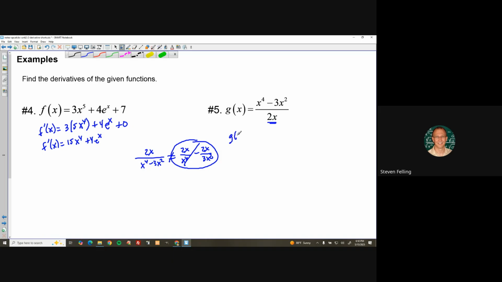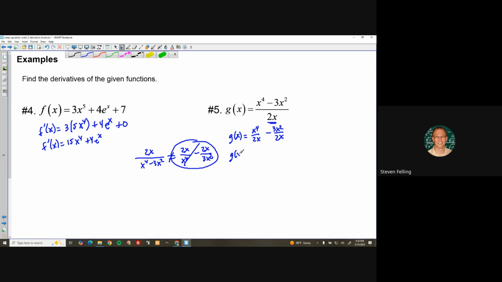So I'm going to label this g of x just to indicate I'm still just rearranging this or simplifying it. I'm going to write that as x to the fourth over the common denominator 2x minus 3x squared over 2x. So it is legal to split the numerator up and put each part of it over the common denominator, but it is not legal to do the same with a common numerator. Okay, now there's more simplification we can do here.